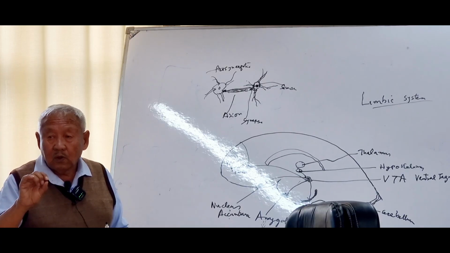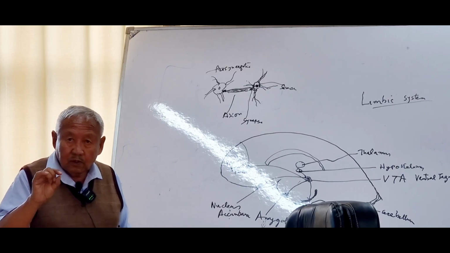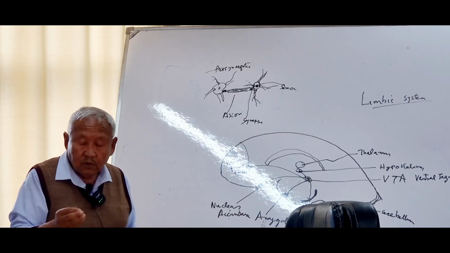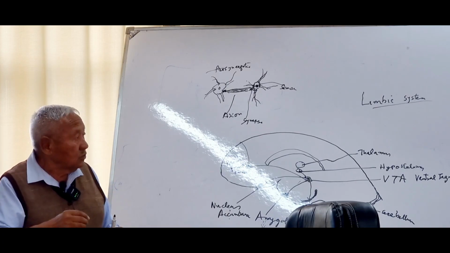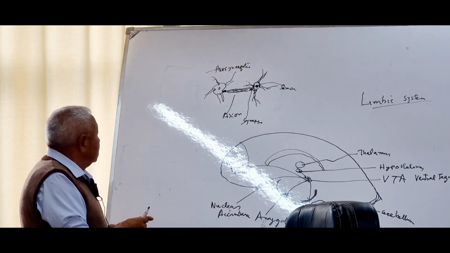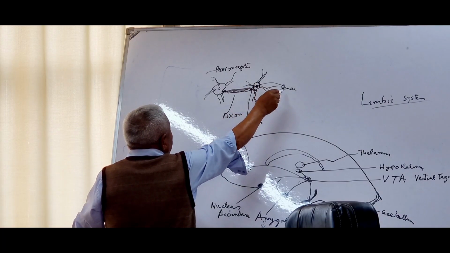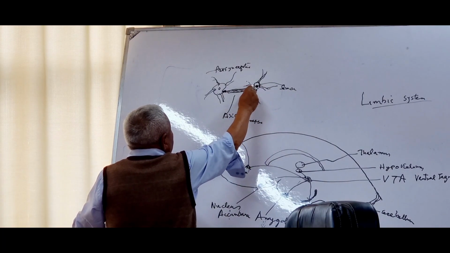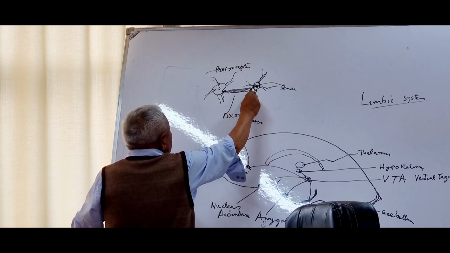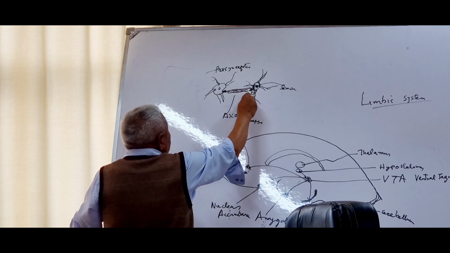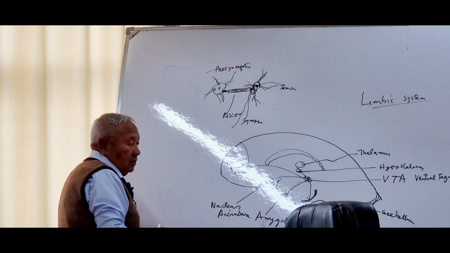So when this connection develops, sodium channels open. If it is postsynaptic, there are channels. Neurotransmitters are here in the synapse.